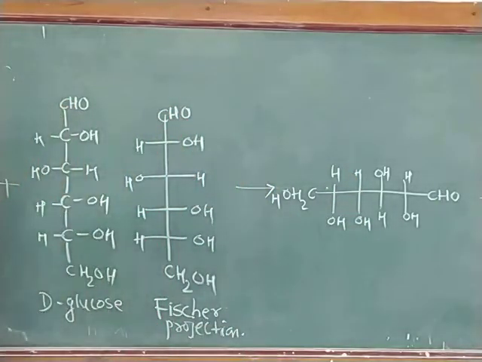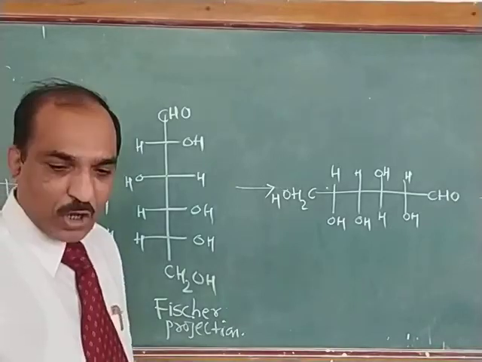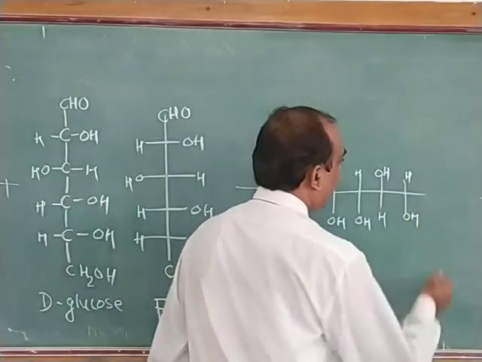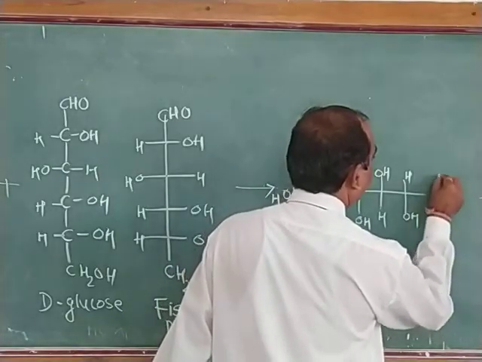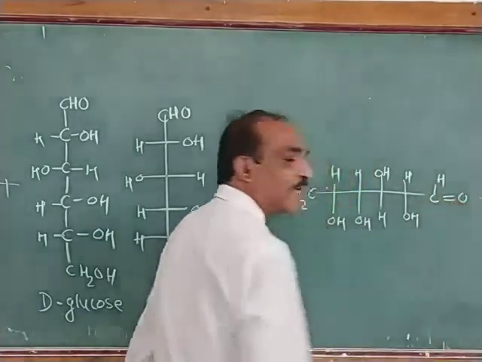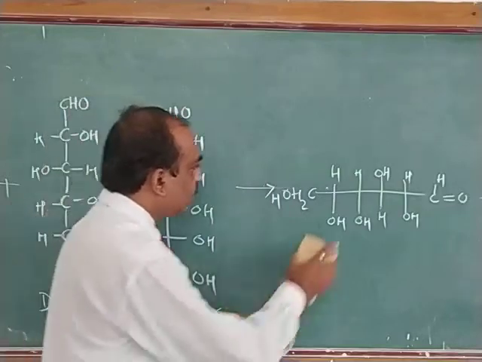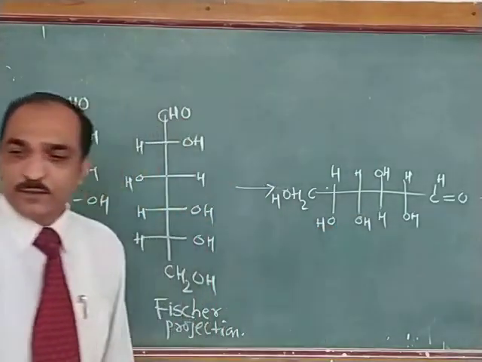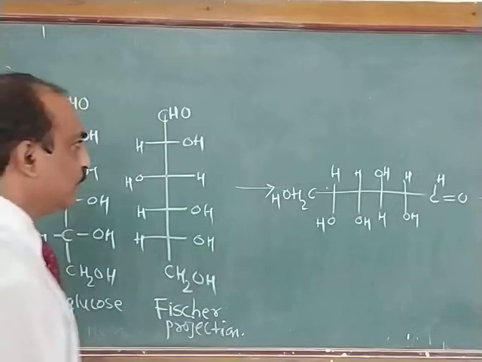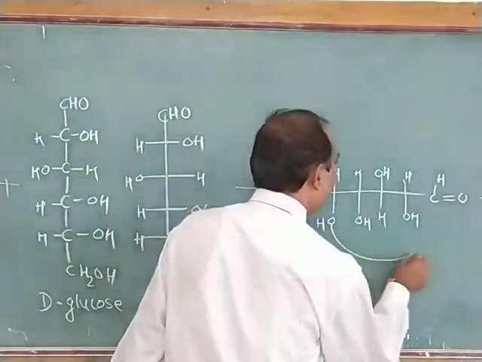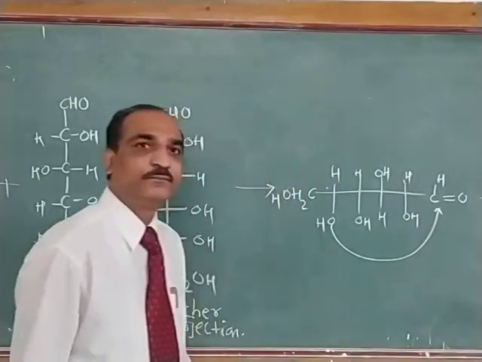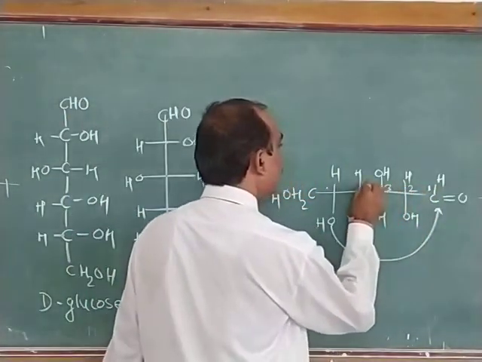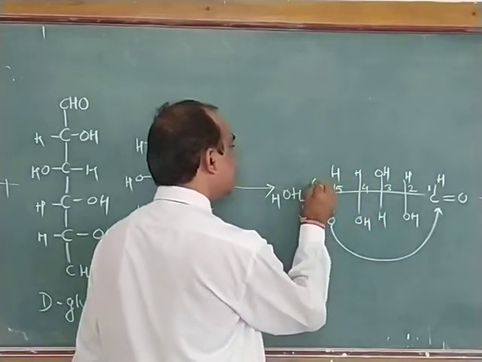So the cyclization takes place. This aldehyde can be written like this also, and this OH can be written like this. This is carbon number 1, 2, 3, 4, 5 and 6.